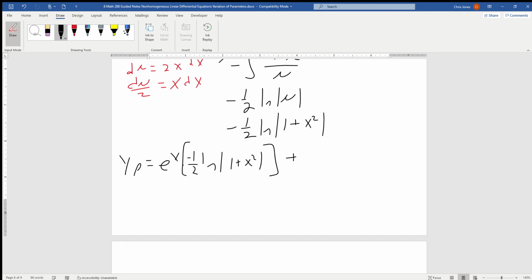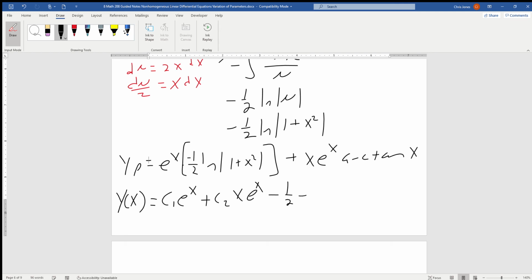And then we had x e^x for y2, and we're going to multiply that by the arctangent of x. And so finally, for our y of x, after all of that mess, that's going to be equal to c1 e^x + c2 x e^x - 1/2 e^x ln|1 + x^2| + x e^x arctan(x).